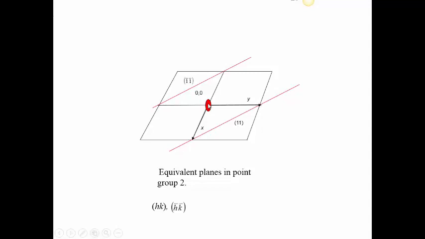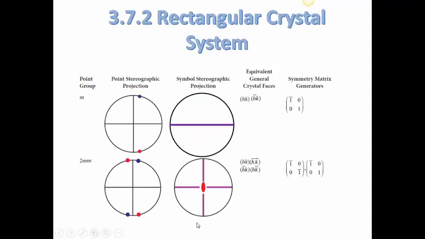If we choose to operate a 2-fold on that, the 2-fold will create another plane right along here, and that has an intersection of -1 along y, -1 along x, and the reciprocals give you the -1,-1. So you can see that you go from hk to h bar k bar, which is what these symbols represent.